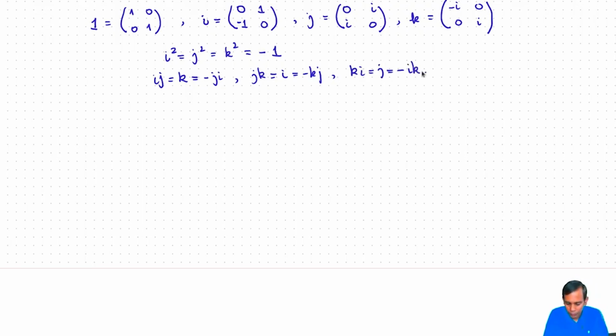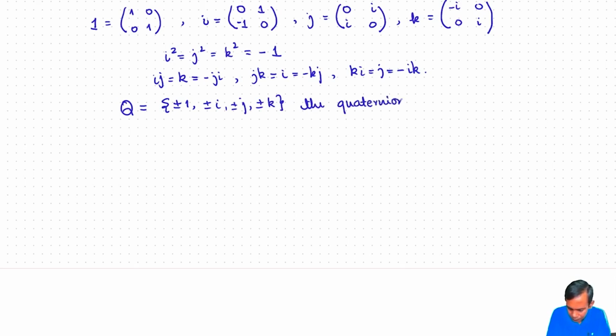So these were the rules for multiplying quaternions, and we had this group called the quaternion group, consisting of 8 elements: i, j, k, 1 and the negatives. Now the ring of quaternions is defined as H, the real span of 1, i, j, k.